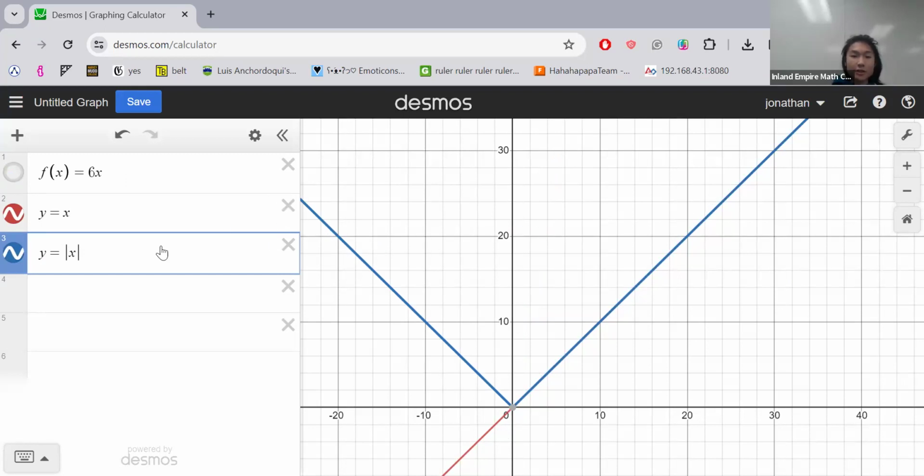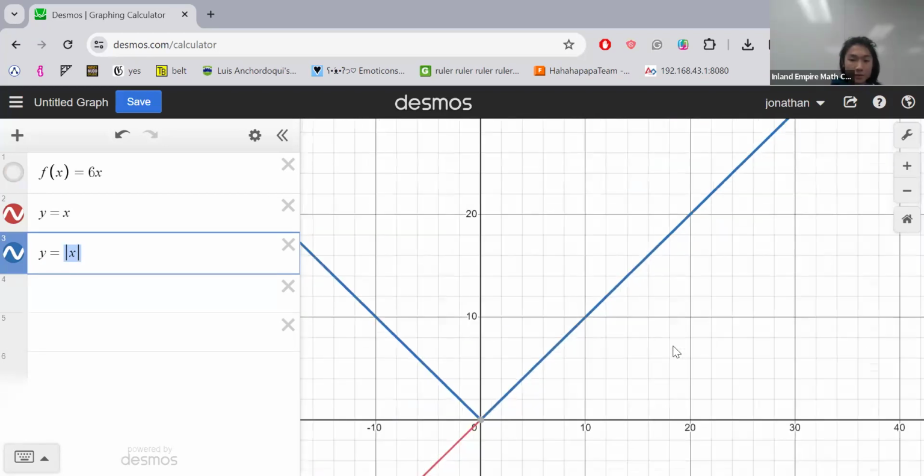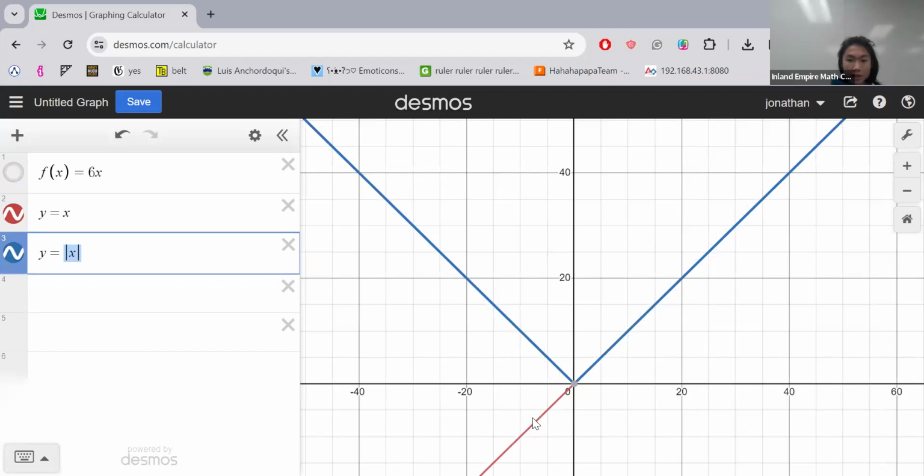Based off this, what do you think this absolute value is doing? Does it make it like from a negative to a positive? Exactly what it's doing. You can see, looking down here between this red line and this blue line, all it's doing is getting these negative values and changing them to positive values.